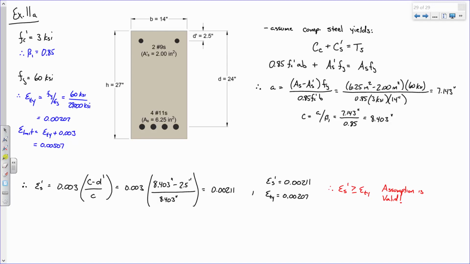Now, since I'm in a good mood and we're computing strains, I computed the strain in the upper layer of steel. Why not, just for the heck of it, compute the strain in the lower layer of steel? Now I can use the formula I was doing before.